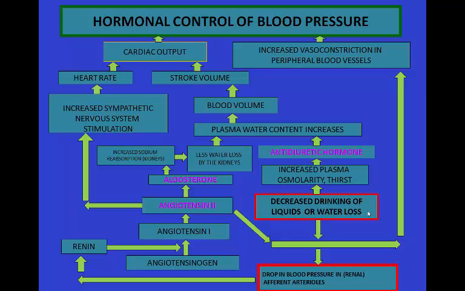So follow the neon kind of yellow-colored arrow going to the left from the red box and upward to renin. Renin is an enzyme that is going to convert a substance called angiotensinogen to angiotensin I. Angiotensin I will then be converted in another reaction to angiotensin II.